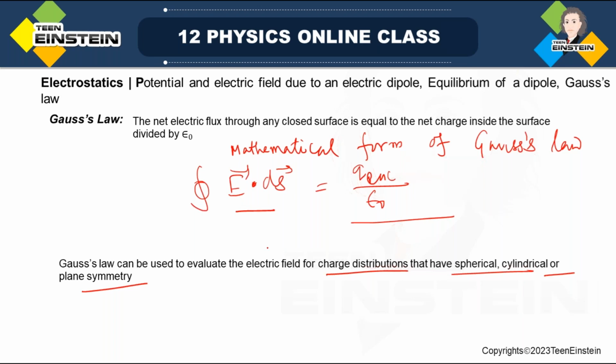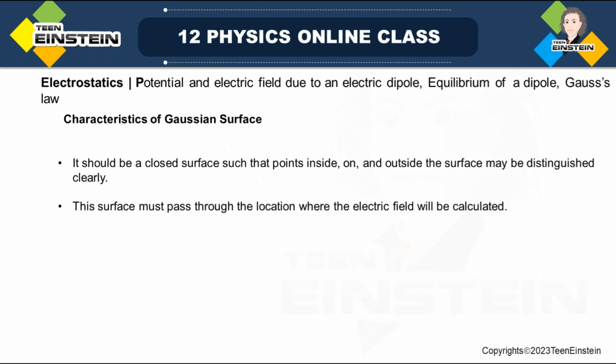So when we apply Gauss's law, we will always draw a closed Gaussian surface. So what is a Gaussian surface? Suppose I have been asked to calculate the electric field due to a particular charge distribution.